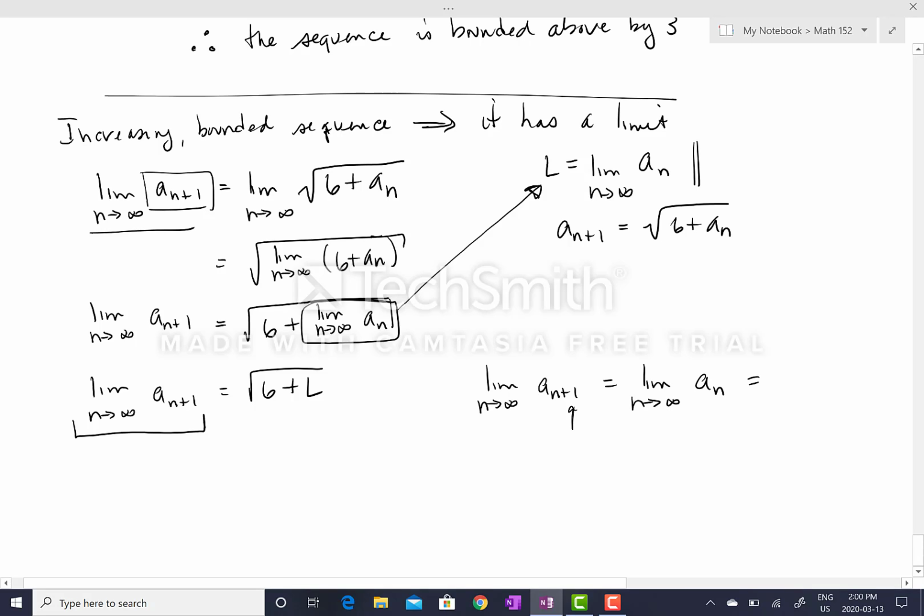So both of these things, in fact, are L. Or you can write it this way if you like: since n goes to infinity implies n plus 1 goes to infinity. So I can simply replace this with an L, and then I have L is equal to the square root of 6 plus L.